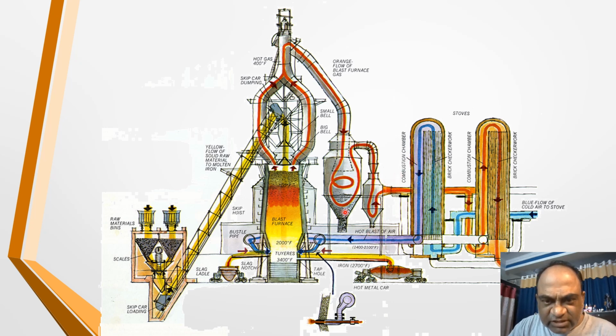Here you can see the hot blast goes from this circuit, and this is the circuit of the hot gases coming out, and these hot gases are used for heating up the air. So this is quite a saving of energy. The hot gases coming out of the blast furnace are being used for heating the air, and thus the gases are recycled.